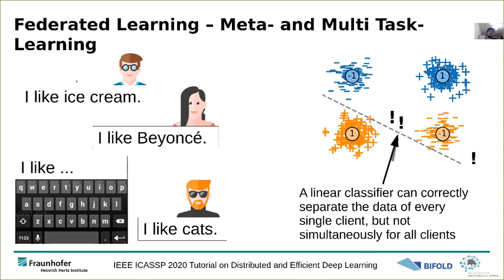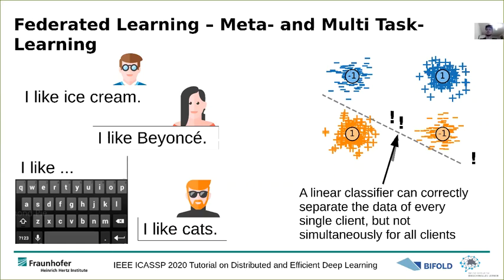So maybe one person likes ice cream, another person likes Beyonce, and the third person likes cats. So if you want to provide a good next word prediction system to these different users, you have to personalize it in some way because one model doesn't fit the needs of all clients at the same time.